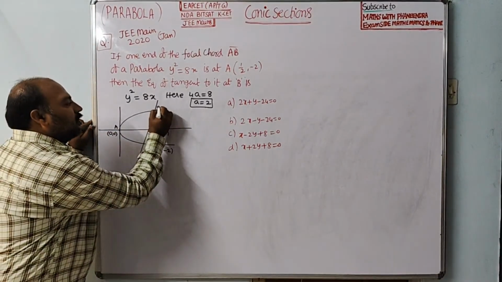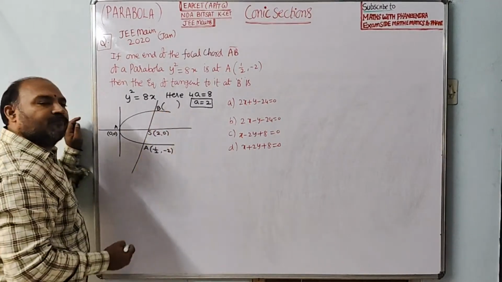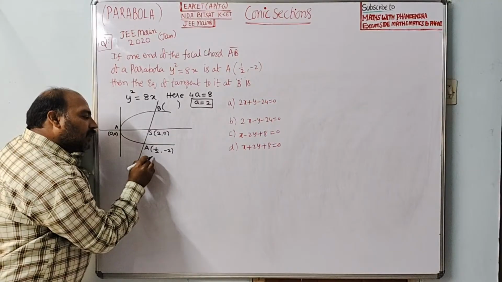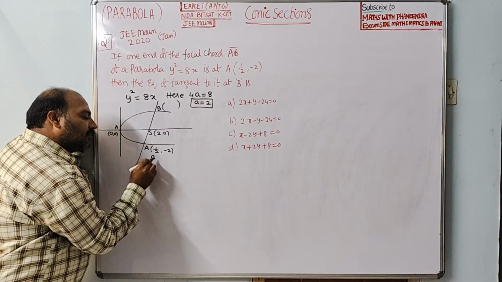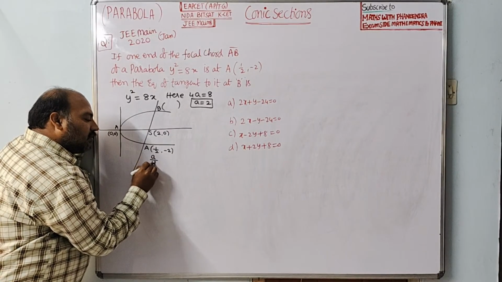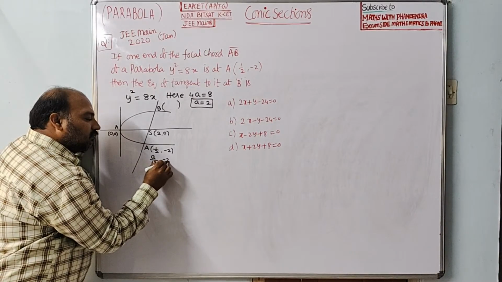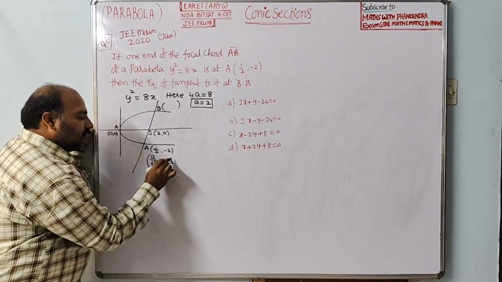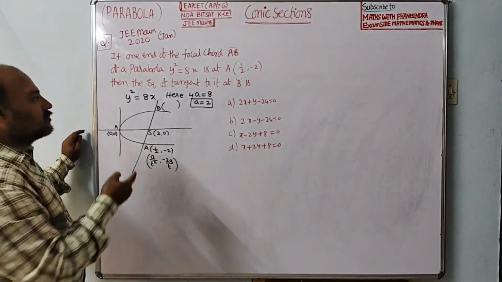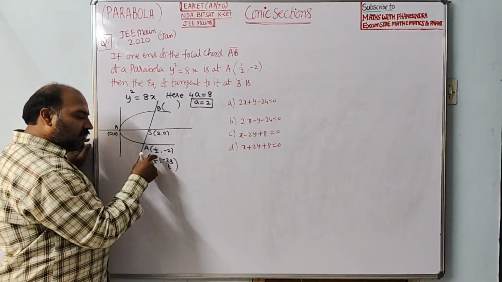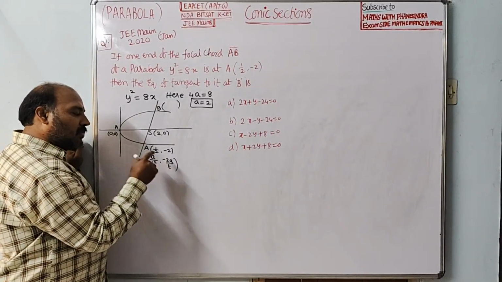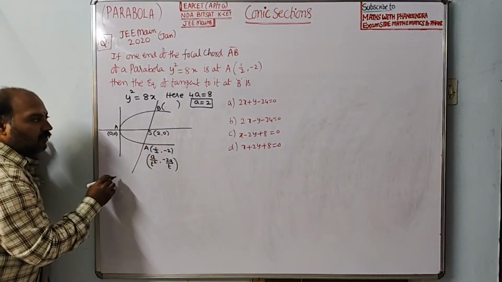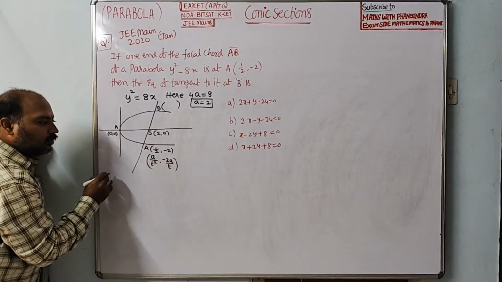This is B. If one of the points is a by t square comma minus 2a by t, check, a value is 2.